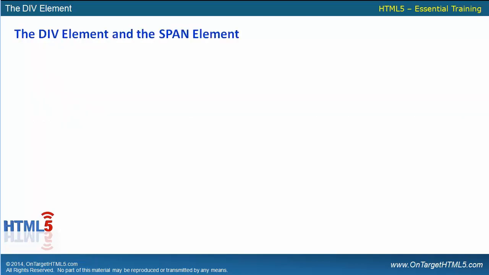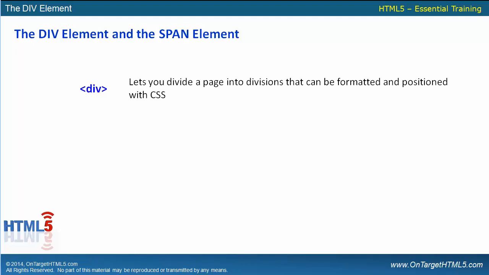So, the div tag and the span element. A div tag lets us divide a page into divisions that can be formatted and positioned using CSS and CSS3. And a span tag lets you identify text inside that block that you want to format with CSS and CSS3.